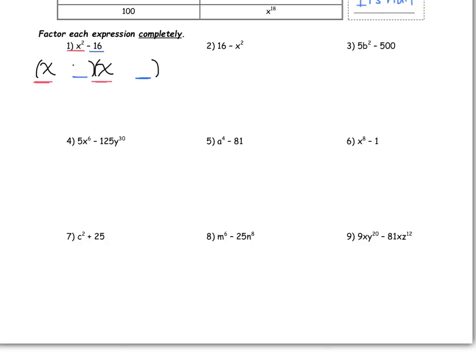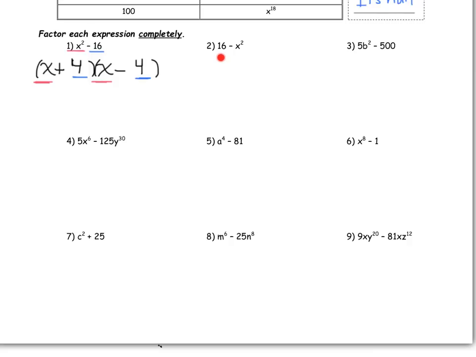And you should be telling me 4 and 4. So we're going to put 4 here and 4 here. Now the only thing that we need is a plus and a minus sign, because a positive times a negative will give me that negative there. Perfect, that's it.